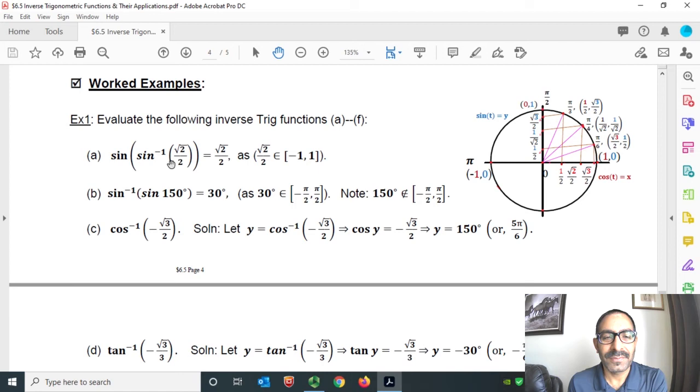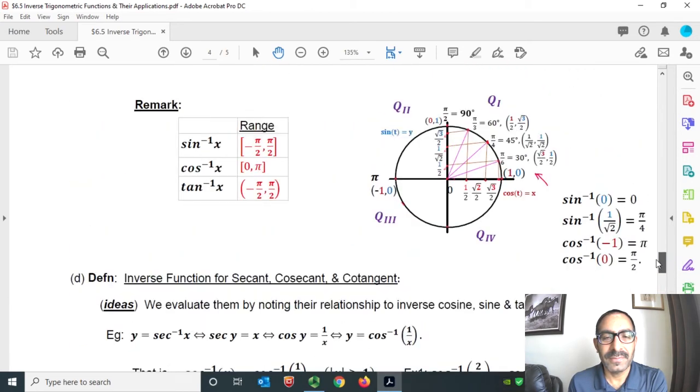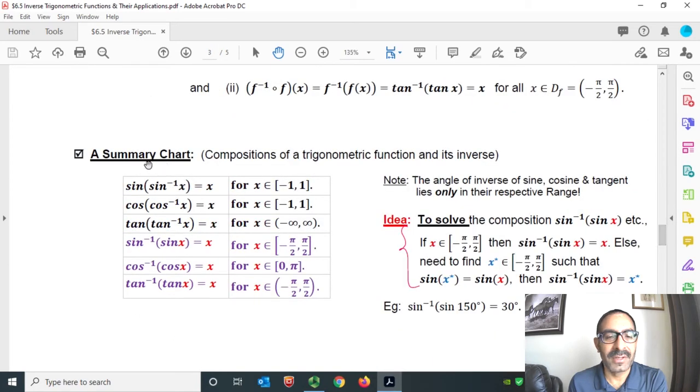Since radical 2 over 2 lies in the range -1 to 1, by the property, sine and sine inverse cancel, so this equals simply radical 2 over 2. That's the final answer. Let me show you what property I used here. Sine of sine inverse x equals x for x in the interval -1 to 1. I hope this makes sense to you all.